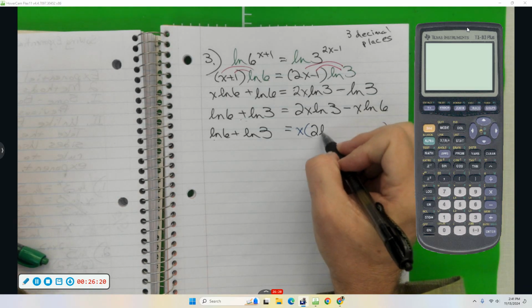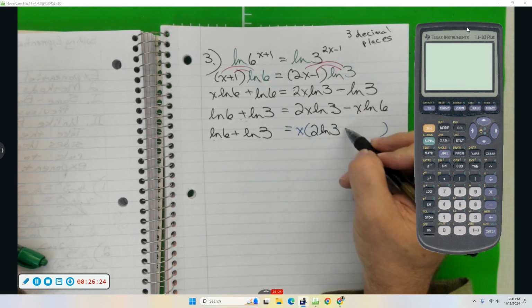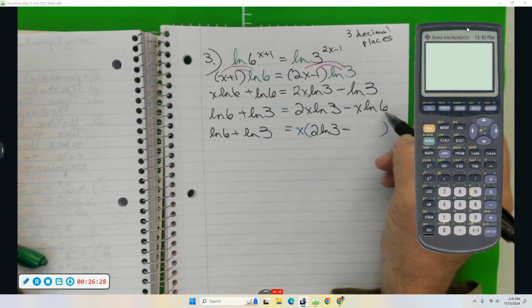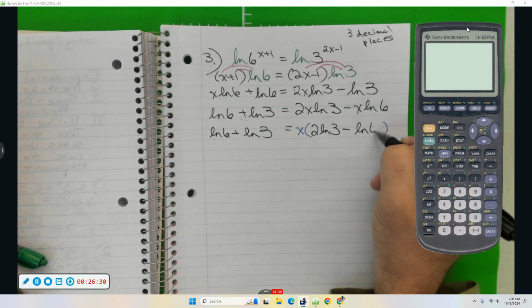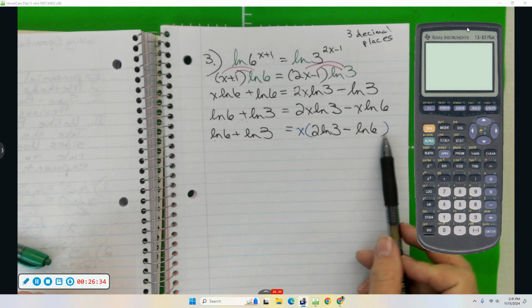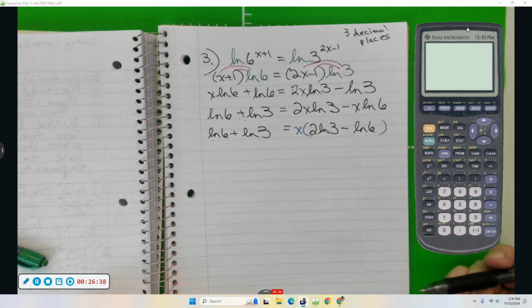I agree, 2 ln 3. We took out the x. We are left with 2 ln 3 minus, we took out the x, so all we had left was that ln 6. And then what do we do to undo that multiplication? X times all that messy stuff.